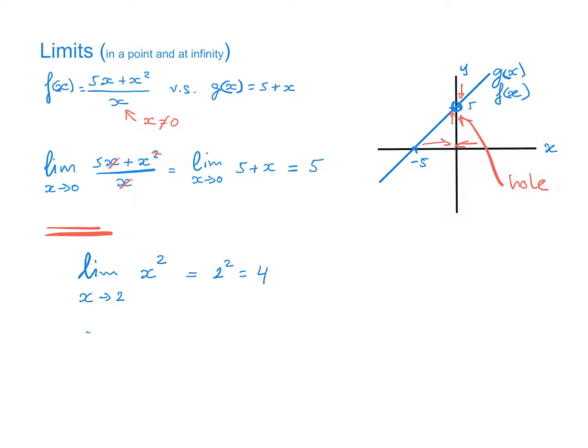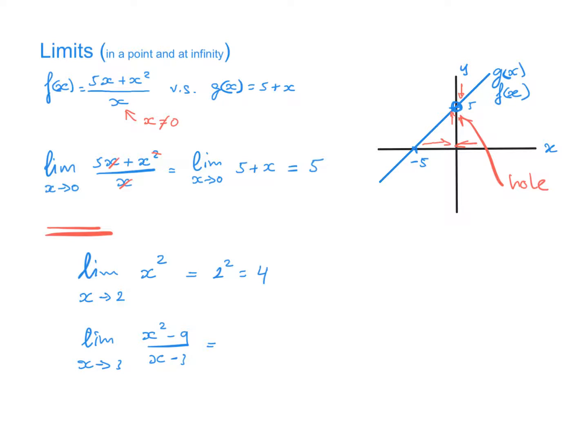Or perhaps the limit as x approaches 3 of (x squared minus 9) over (x minus 3). See, there is a problem, because when x would be 3, the bottom would be 0, not allowed. So what happens when x approaches 3? You near that problem, you approach that problem.